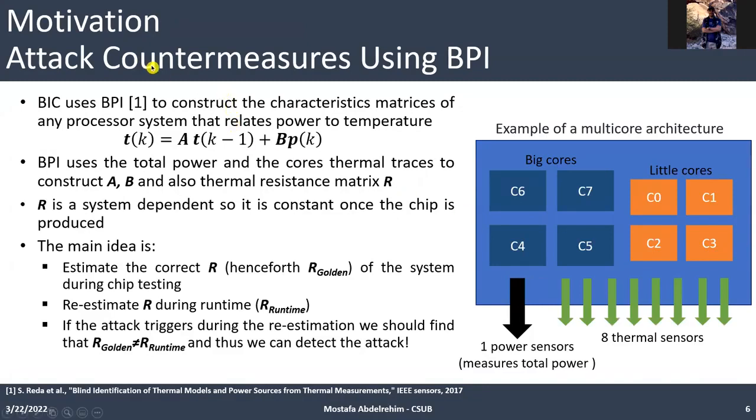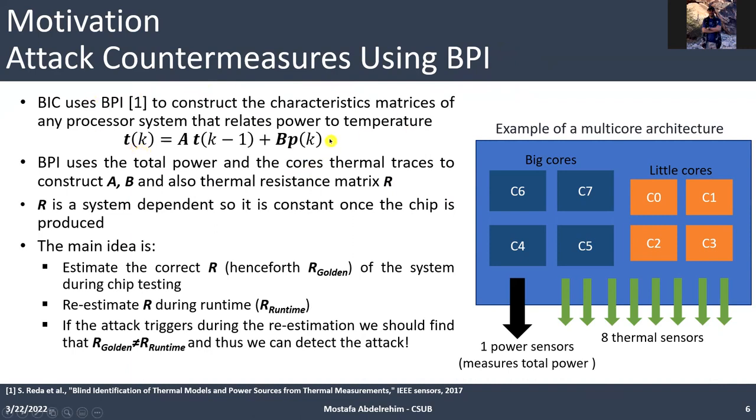Our attack countermeasure, BIC, depends on a famous algorithm called Blind Identification, or BBI for short. BBI is a famous algorithm that constructs the thermal characteristic equation of any system.